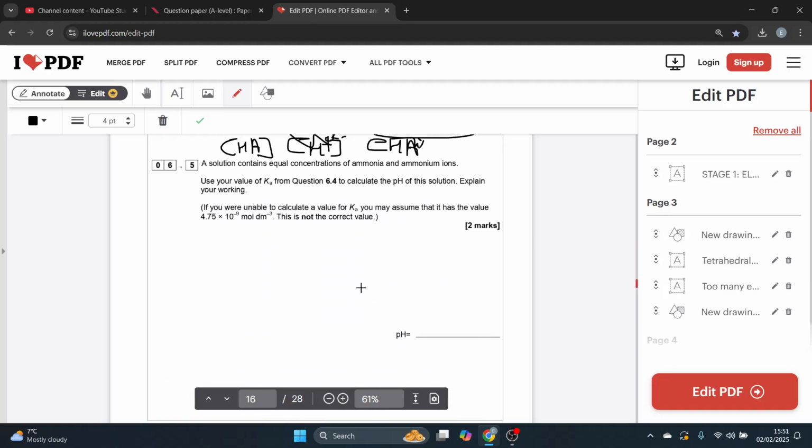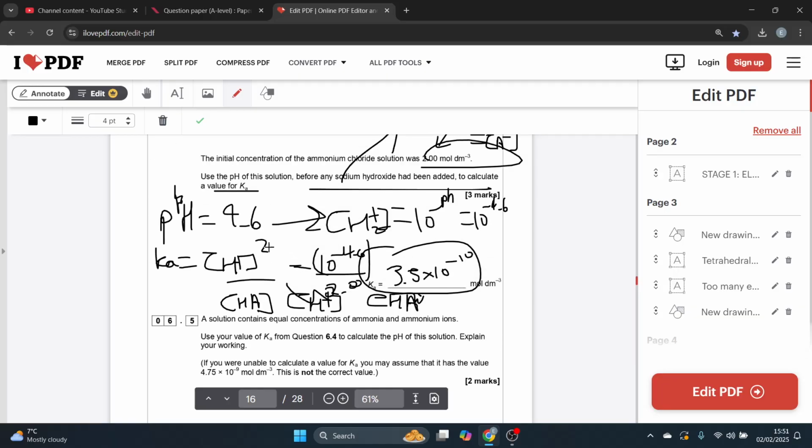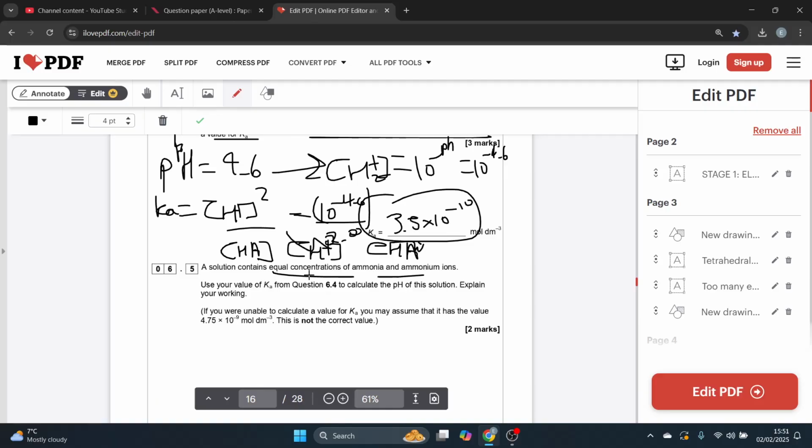A solution contains equal concentrations of ammonia and ammonium ions. Use the value of Ka to calculate the pH of the solution. So the solution contains equal concentrations of ammonia and ammonium ions.